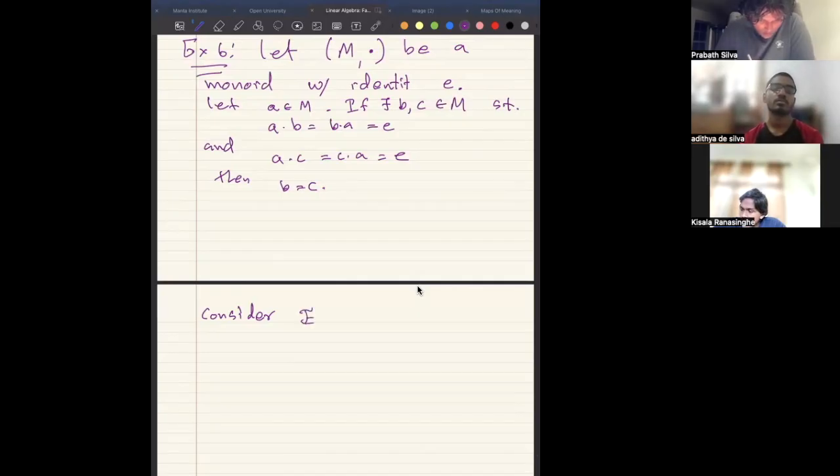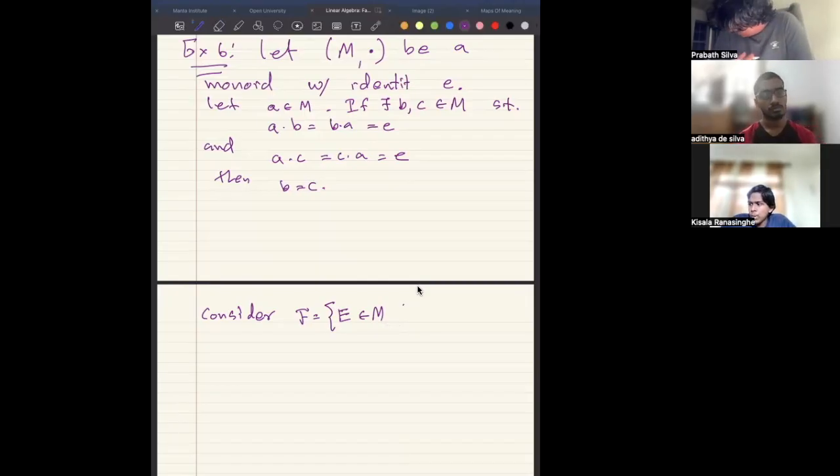This is E. Call it F. So these are matrices E in M by N, M by M. Yeah, E is an elementary matrix.